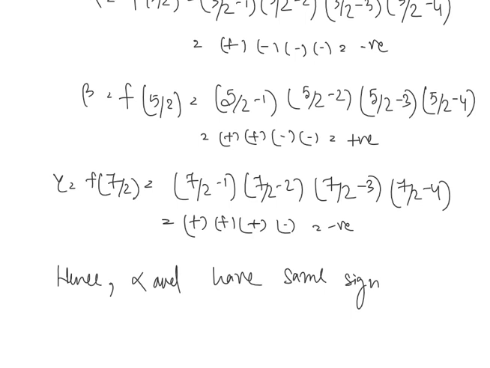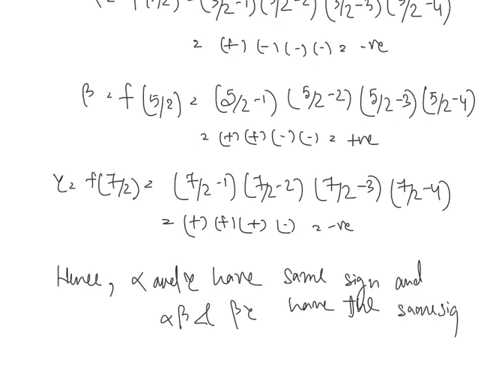Alpha and gamma have the same sign, that is the negative sign, and alpha beta and beta gamma have the same sign, which is negative for both.